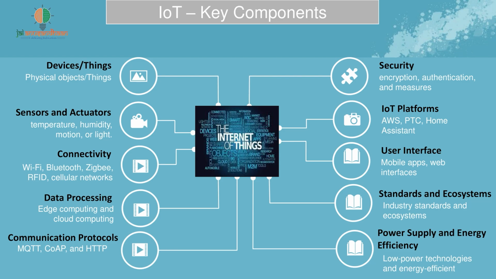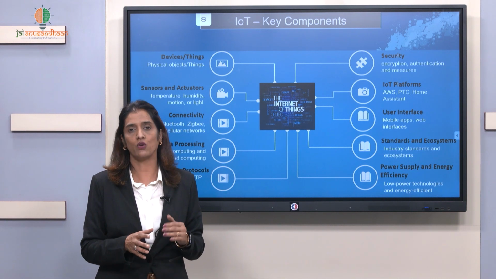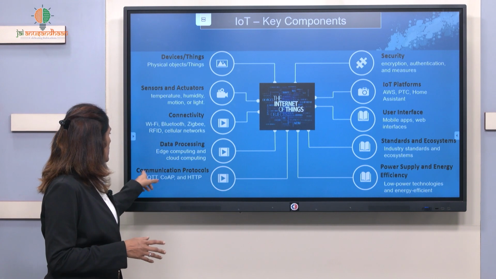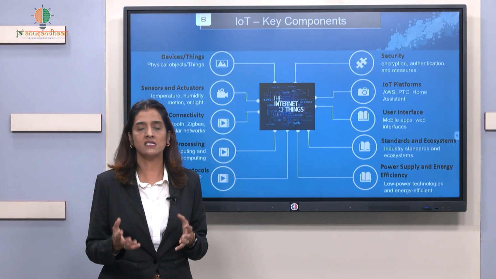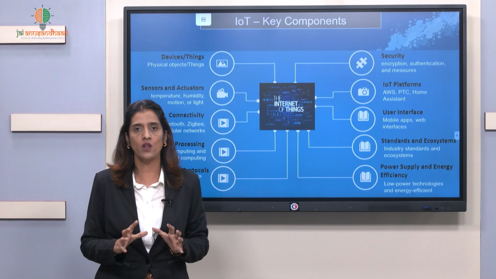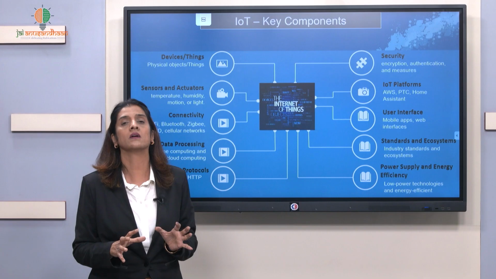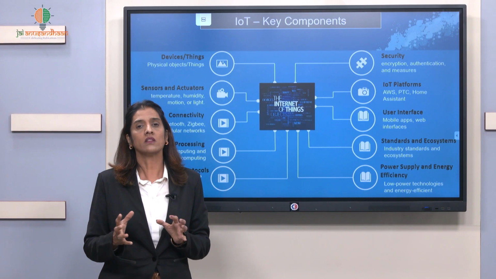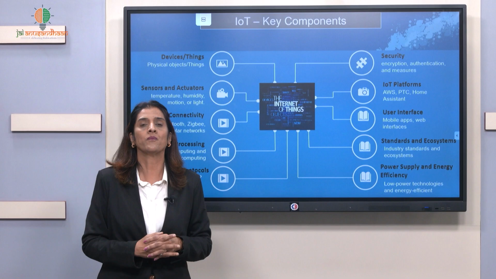The third is fog computing, but for now we will see what edge computing and cloud computing are. Then there are communication protocols by which we can send the data which we have gathered from the things around us to the cloud. These are communication protocols like MQTT, CoAP and HTTP. These are just some examples.